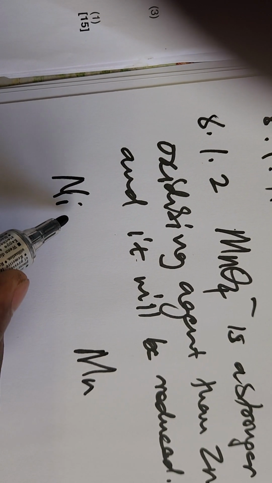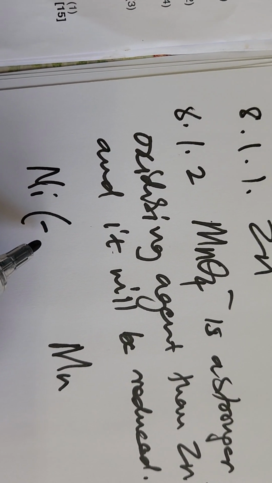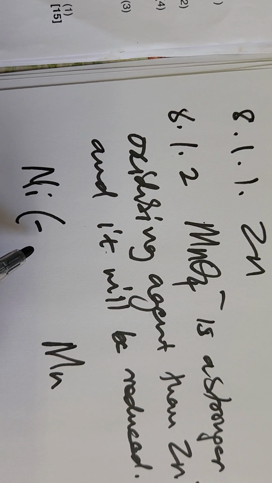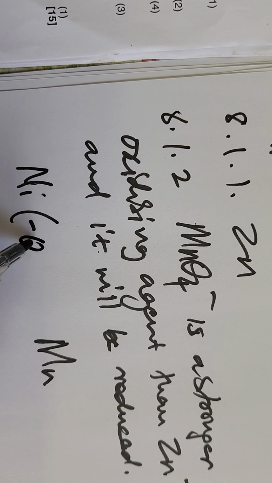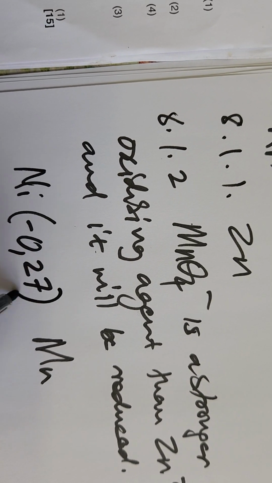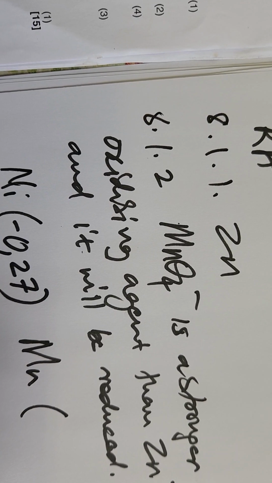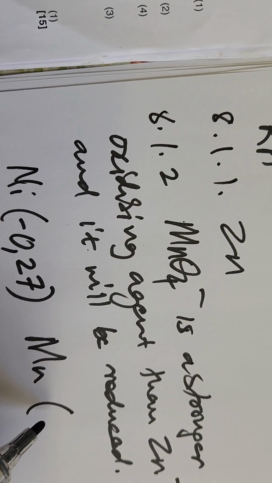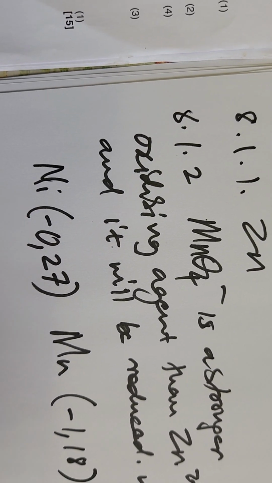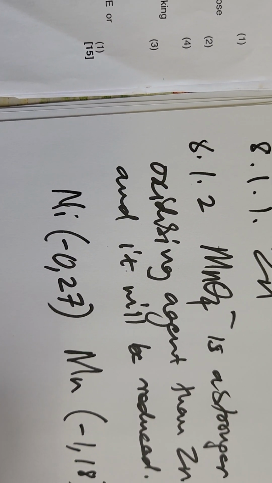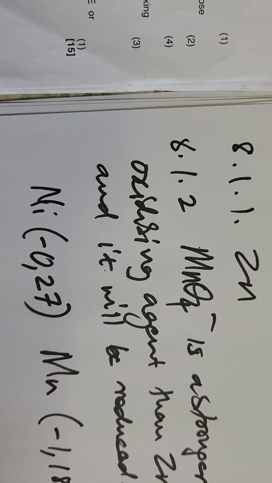Nickel in the table is negative 0.27. Manganese, Mn, we go to the table and find it is negative 1.18. Now which one is the big boss between the two? The one that is greater or closer to 0 will be nickel.